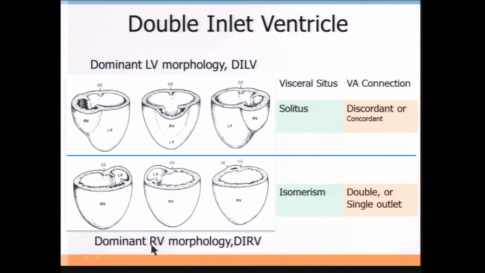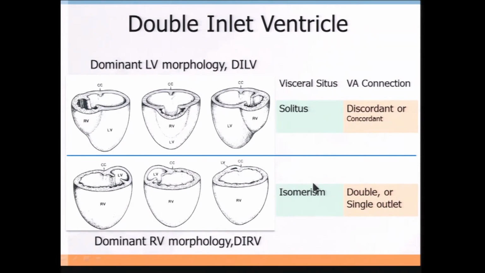If the dominant ventricle is RV morphology, once again the small rudimentary ventricle is almost always in the posterior inferior aspect of the ventricular mass, usually left, and connected to the crux cordis, but seldom gives origin to the great arteries.